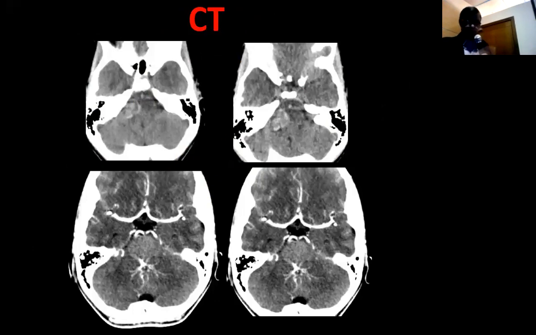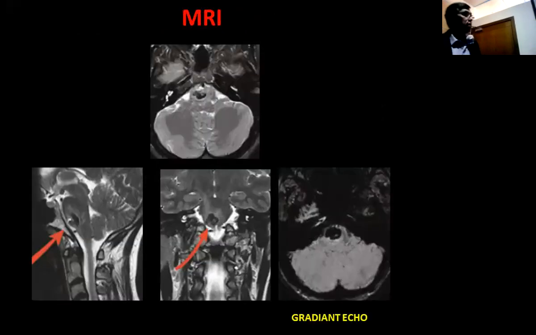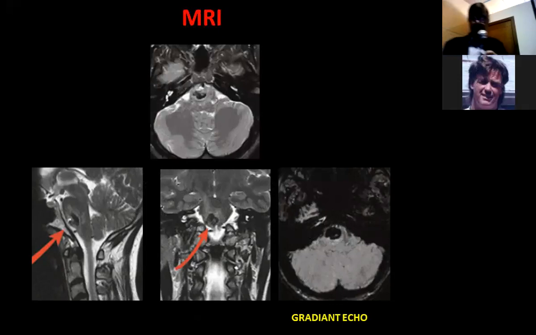It's very important, I'll come to it. MRI, of course, T2 is very good to show cavernomas, for example. The gradient echo is very important to show the hemorrhage, and we have 4 types of cavernomas: Zabramski type 1, type 2, 3, and 4.